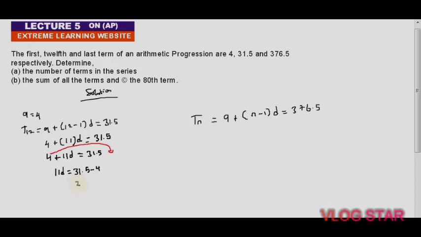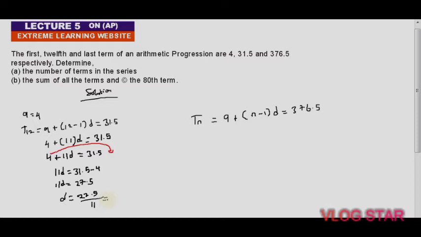So 11D is equal to 27.5. To make D the subject, we have 27.5 divided by 11, which is equal to 2.5.